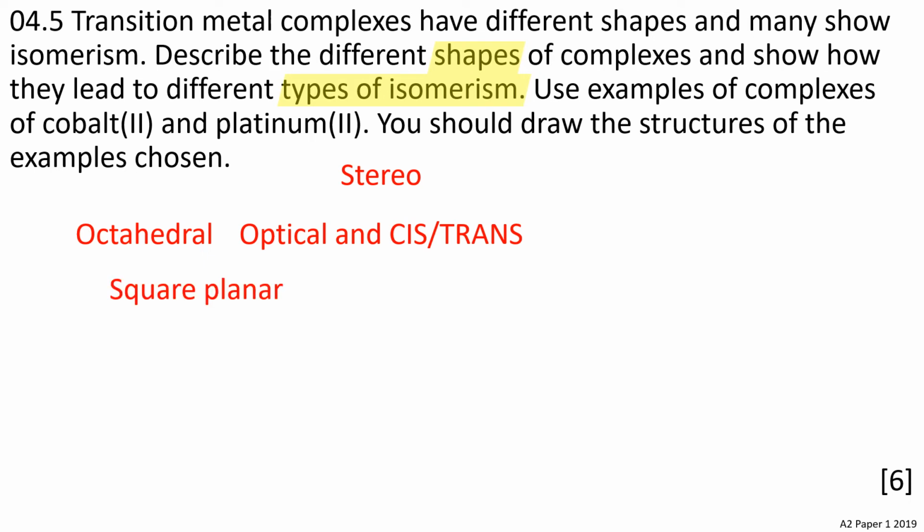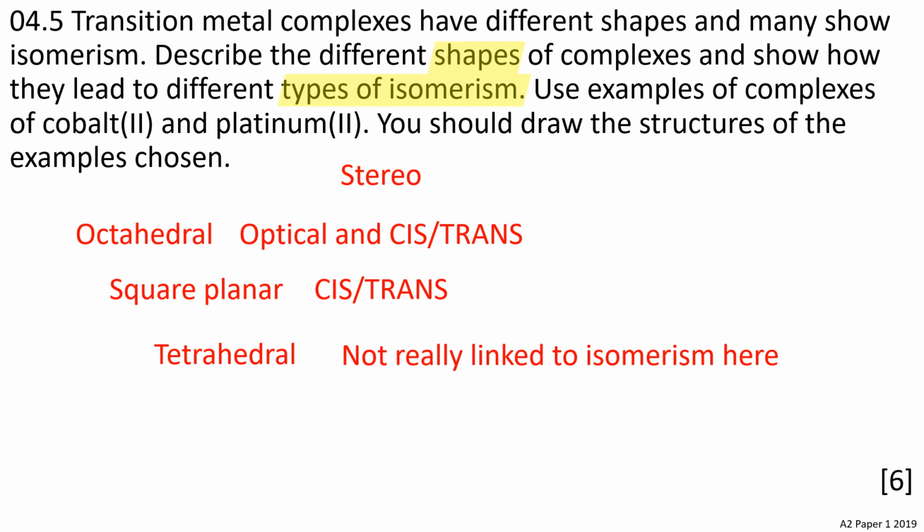We have square planar, which can just show cis-trans. We also have tetrahedral complexes, which aren't really relevant to this particular example or this particular question. And there's also linear complexes, and again, they don't really show any type of stereoisomerism. Worthwhile knowing your definitions for stereoisomerism, particularly for organic chemistry, and also structural isomerism and isomerism in general.